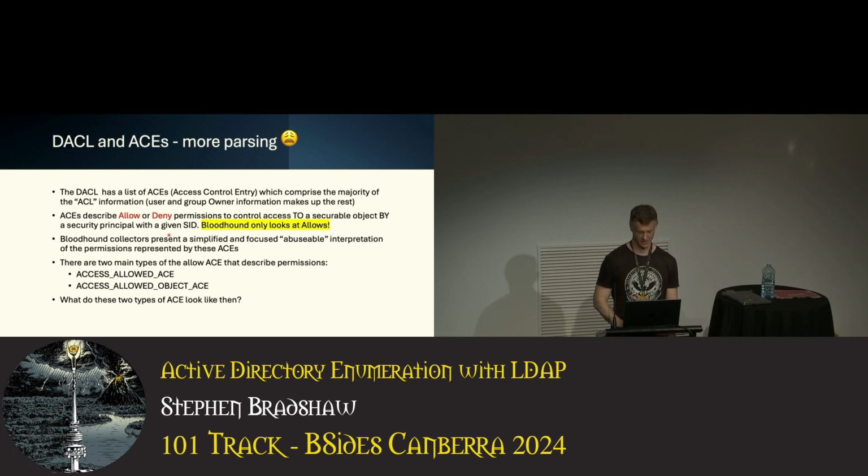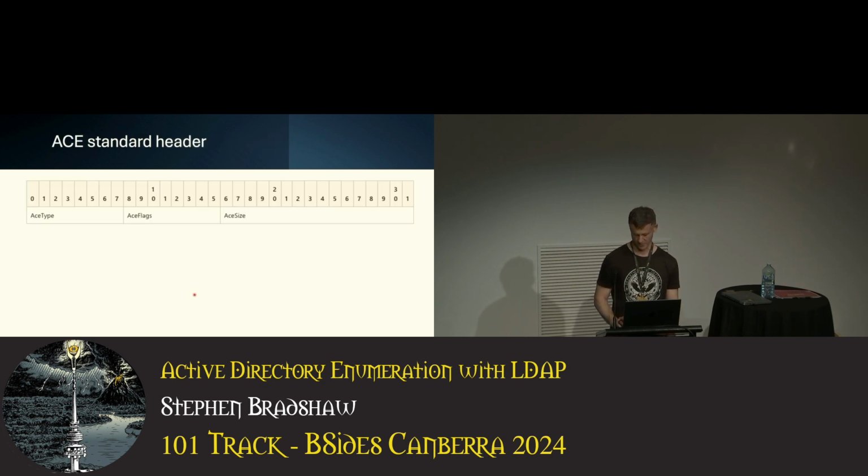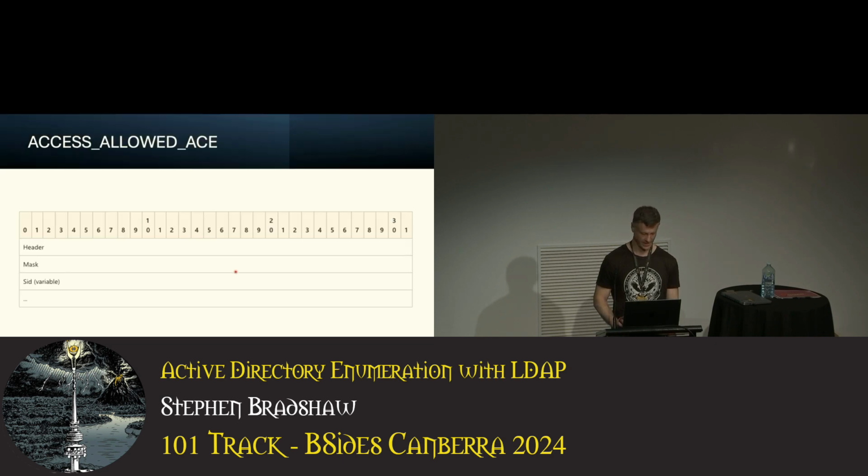Now, when we're parsing this, there are 2 different types of allow ACEs that we need to know about. They are the access allowed ACE and the access allowed object ACE. Let's have a look at what they look like. Both of these types of allow ACEs use a standard header, which looks like that. Then the access allowed ACE, the simpler type, looks like this.